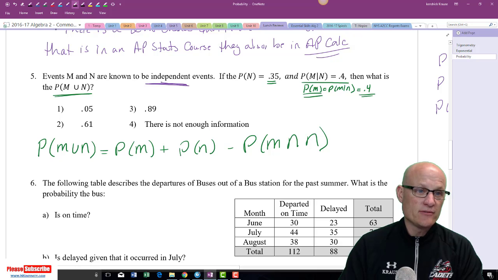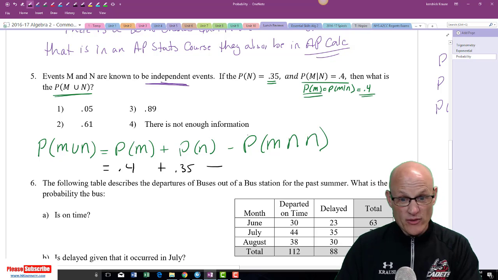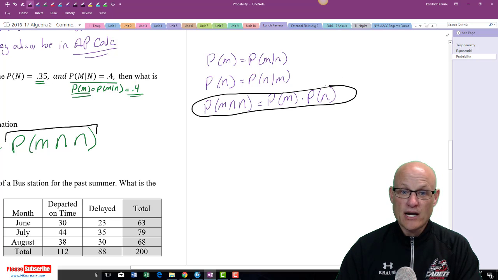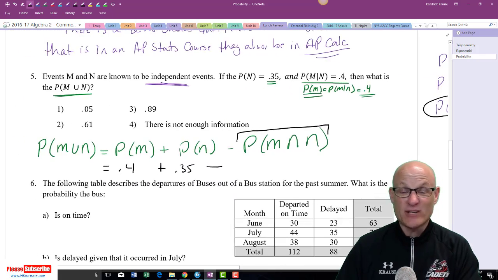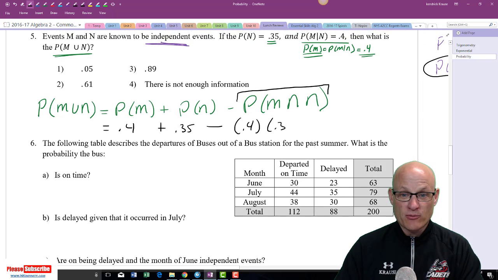I know the probability of M now is equal to 0.4. I know the probability of N is 0.35. But do I know this? Wait a second. If I have independence, don't I know this? I know that the probability of M and N is just the product of the two if they're independent.